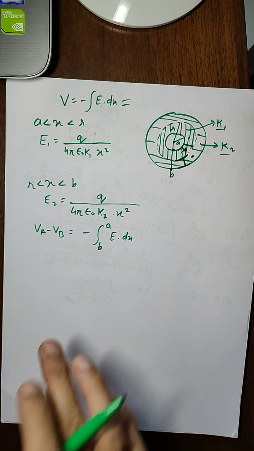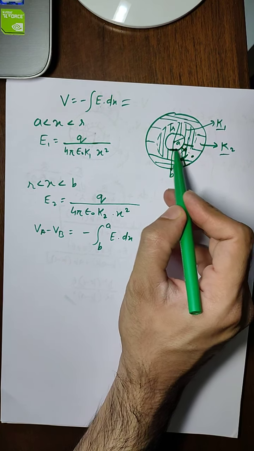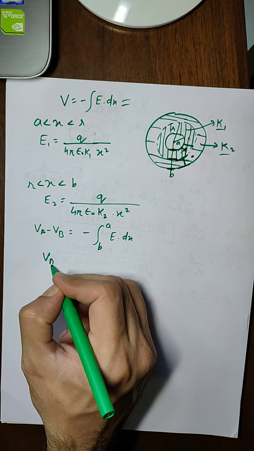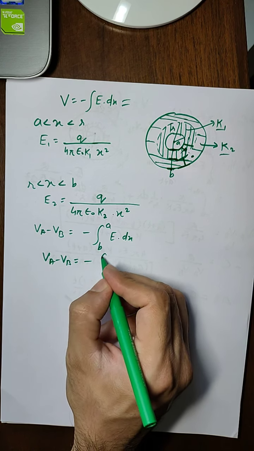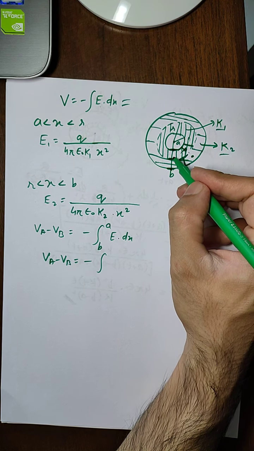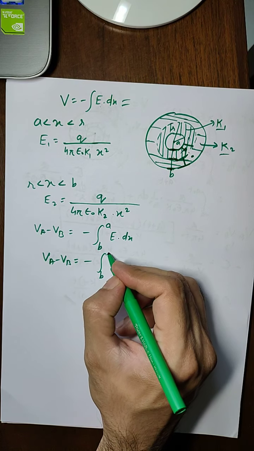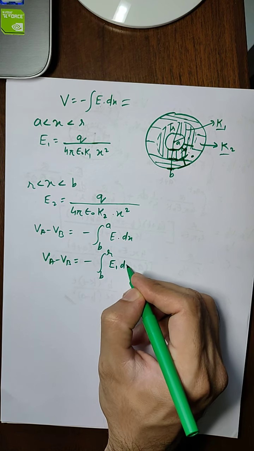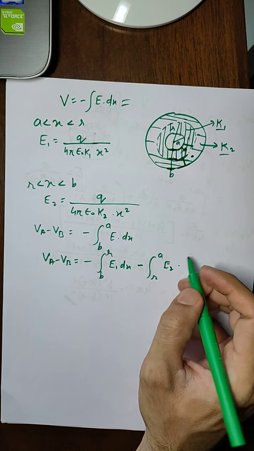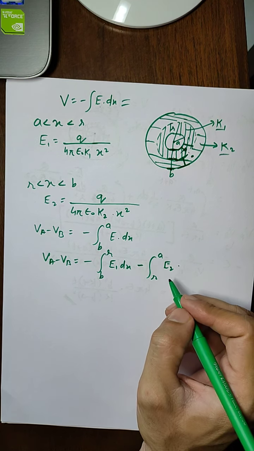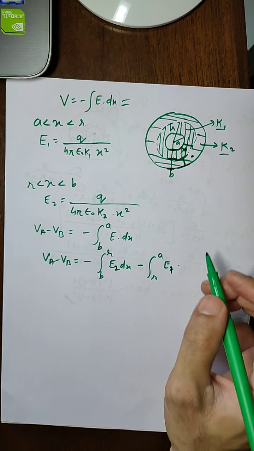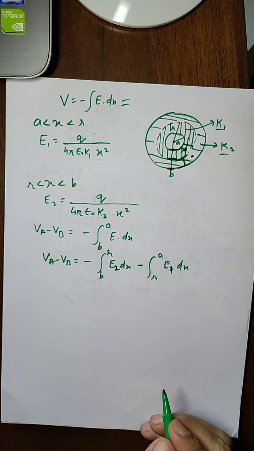So we have to divide it into two parts, from the surface of A to this part, and from this part to the surface of B. So VA minus VB will be written as minus of, since we are going from B to A, from B to R and then from R to A, the first limit will be from B to R, E2 dx, minus from R to A, E1 dx.